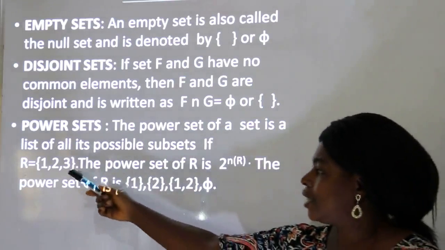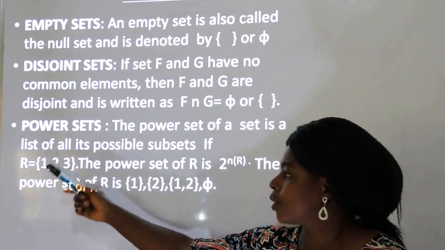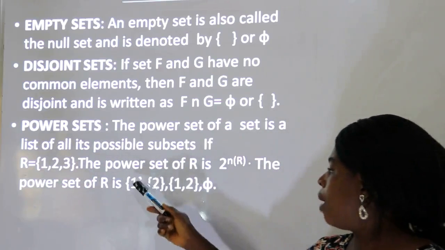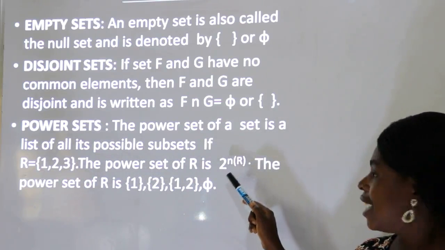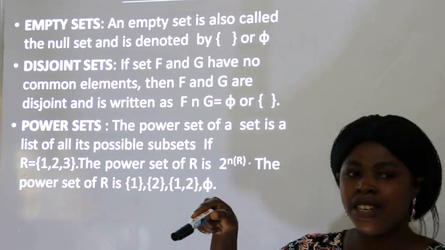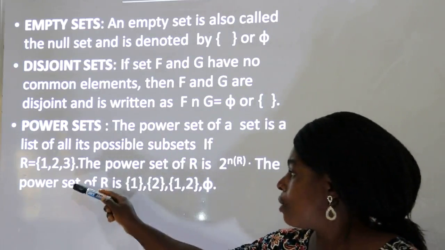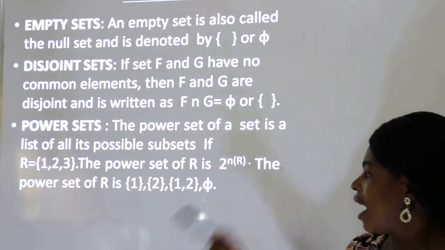If R is this, I'm taking an example using R as a set. Set R is 1, 2, 3. The power set of R, we can write as 2 raised to the power of the number of elements in R.